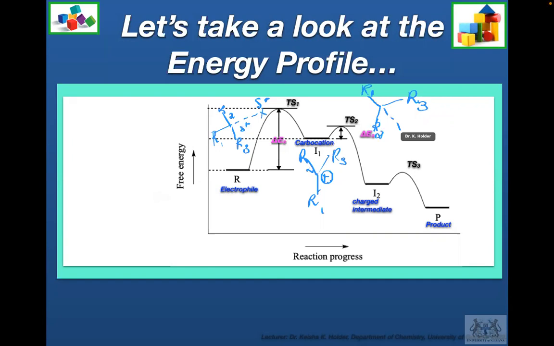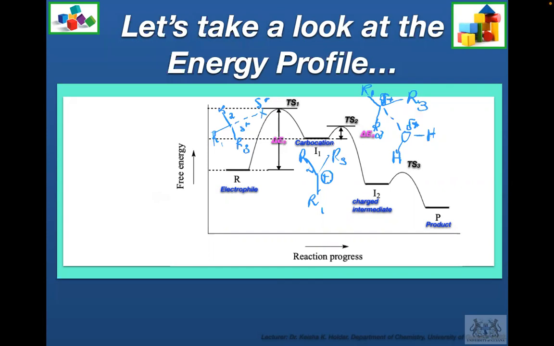So we draw dashed lines. Since our nucleophile is water, we will see that we begin to develop a partial plus charge on here. And there is still a partial plus charge here too. So this is what our transition state number 2 looks like.